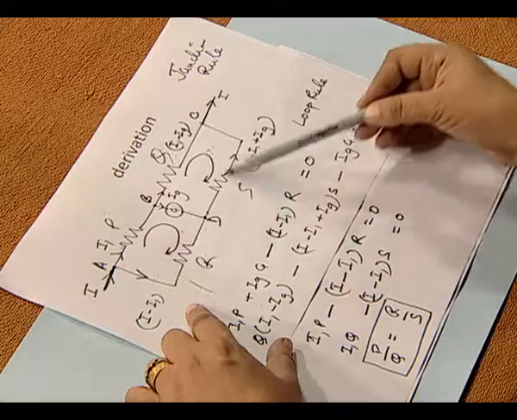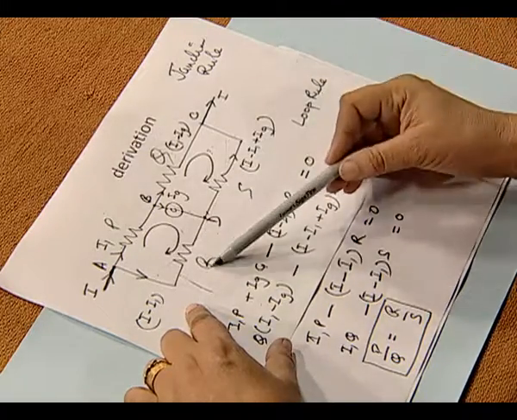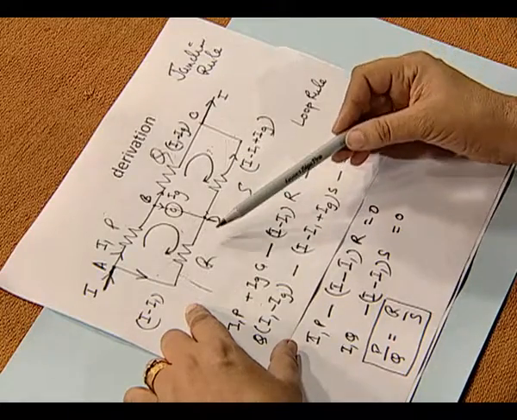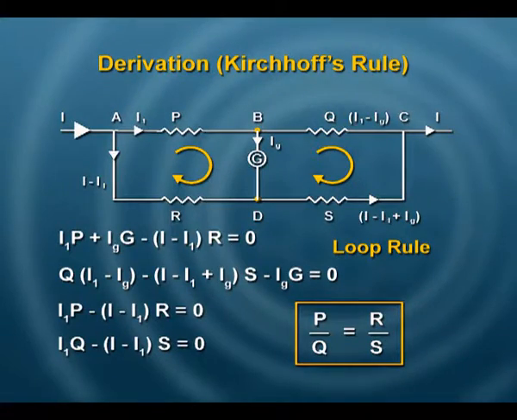That means, knowing Q, you can find P, R and S would be contributed by the lengths of the wire for the meter bridge using the jockey D.